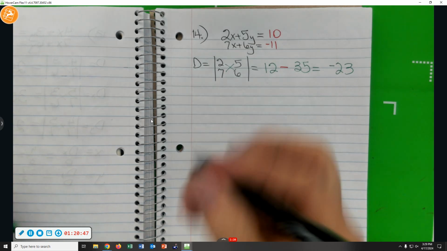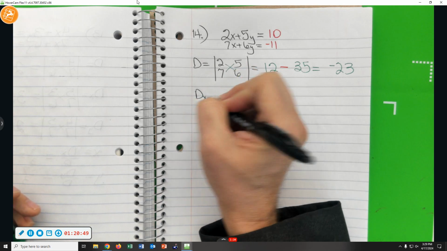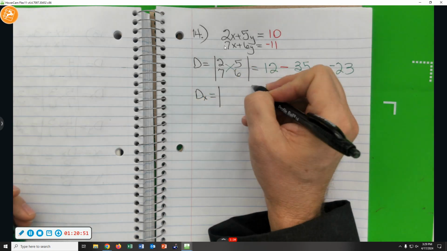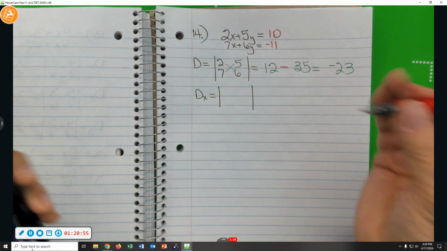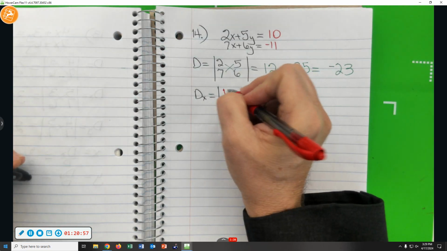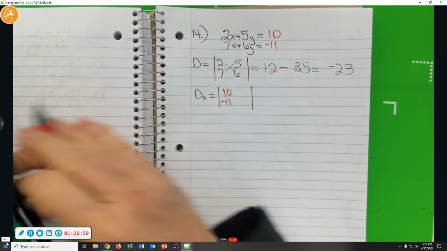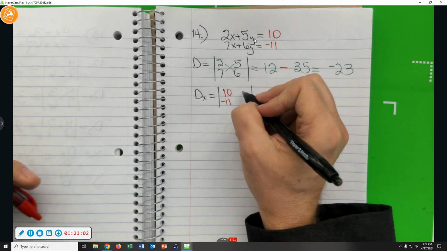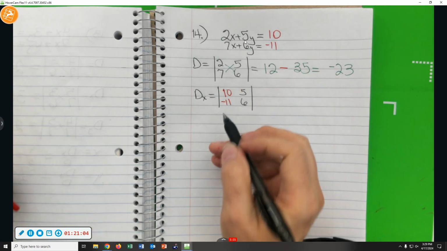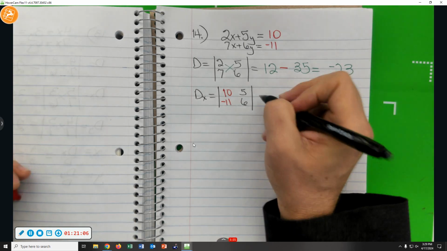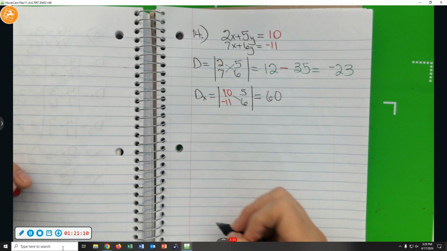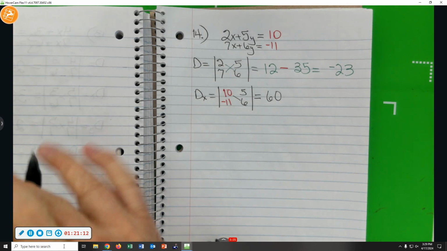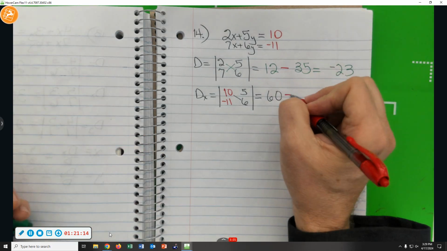Then we find D sub x. The 2, 7 is replaced with the column of constants 10 and negative 11. The Y column stays the same here. It's only the X column that's replaced. That's going to give me a multiply 60 minus, oh, this is going to be good.